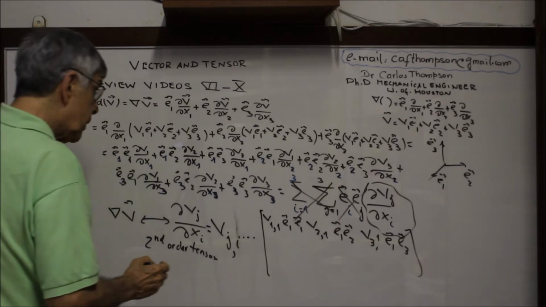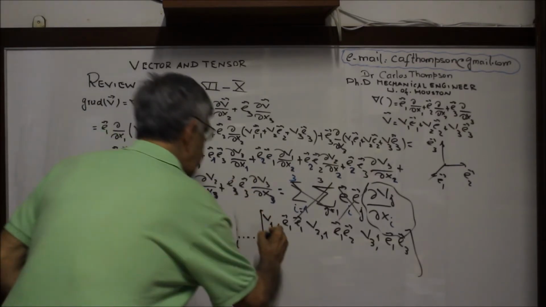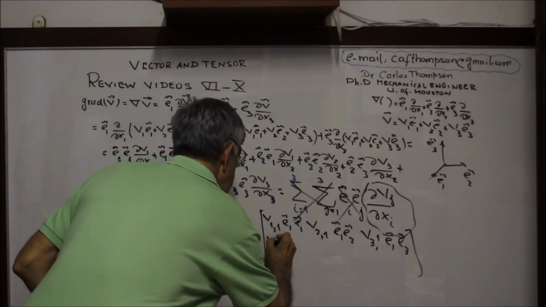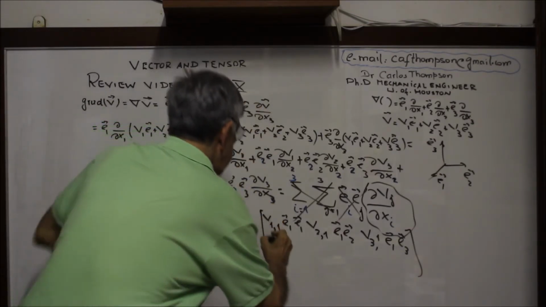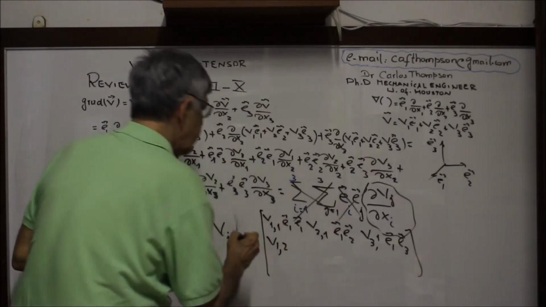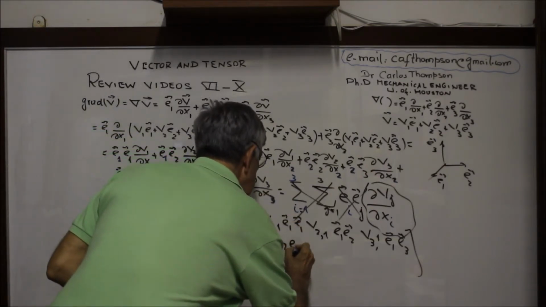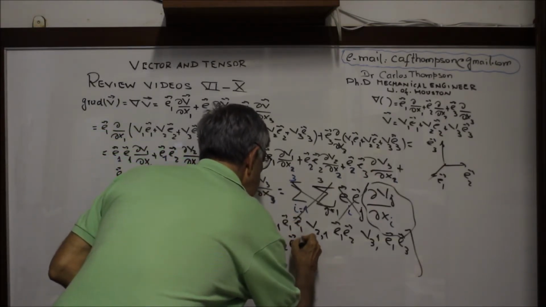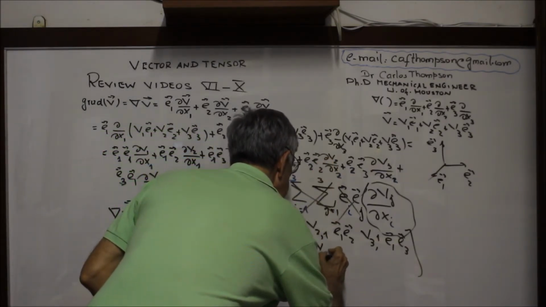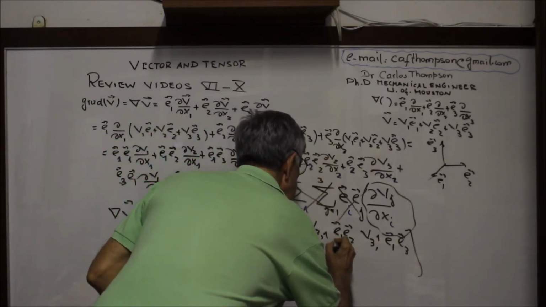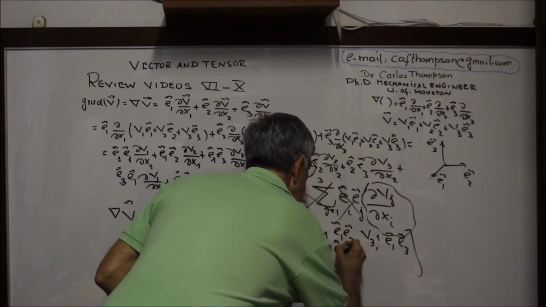Now the second row will be here. Will be partial of V1, comma 2, E2, E1, and here V2, comma 2, E2, E2.